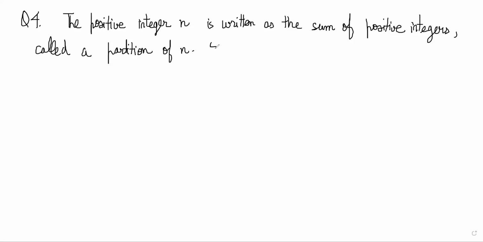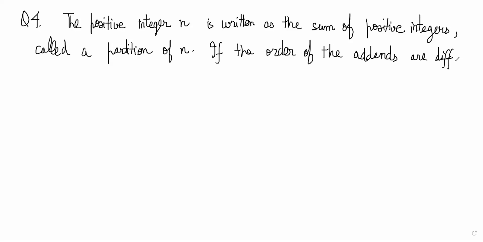Now, if the order of the addends, meaning the things that are being added, is different, it is regarded as a different partition. It is regarded as a different partition.